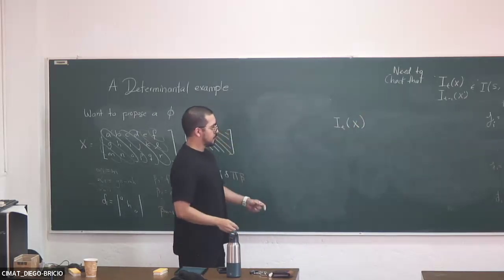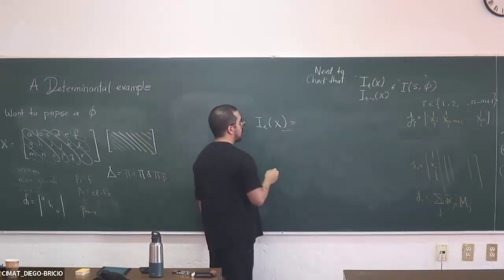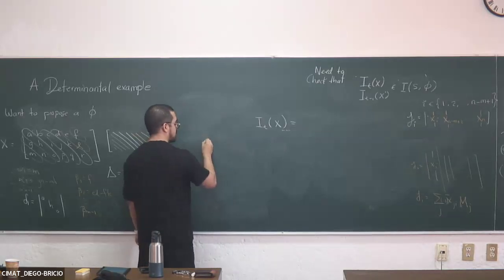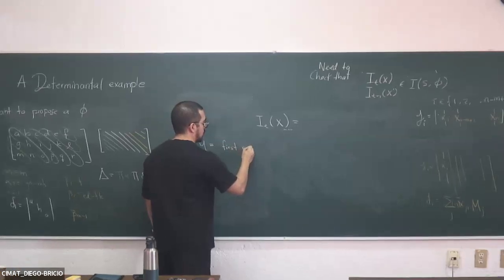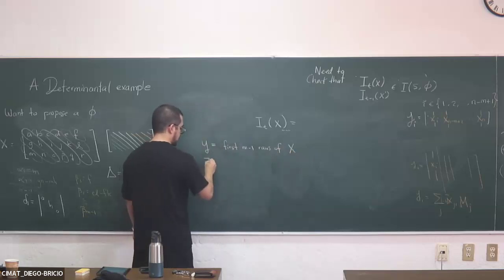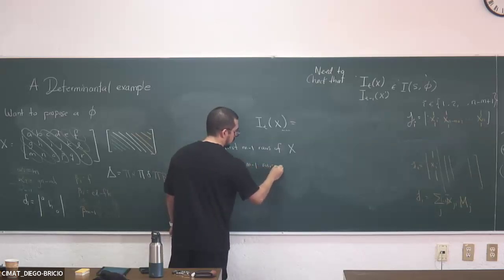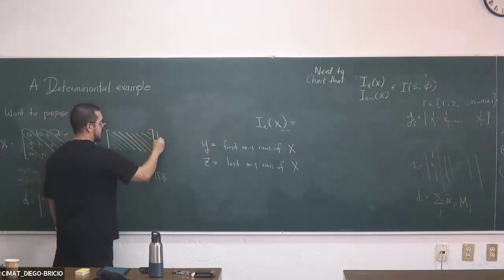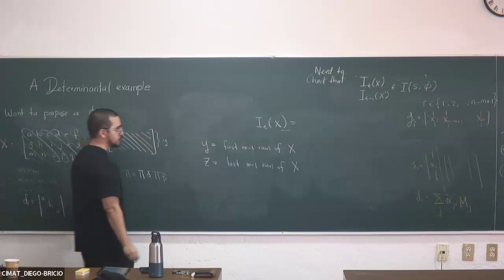X is a matrix of variables, n times n. But then you consider some auxiliary matrices. For instance, Y is going to be the first n minus 1 rows of X, and Z is going to be the last n minus 1 rows of X. So for Y you're considering this part, and for Z you're considering this part.